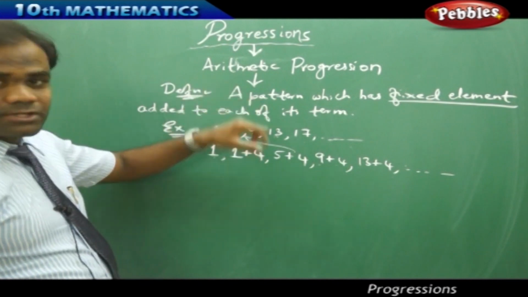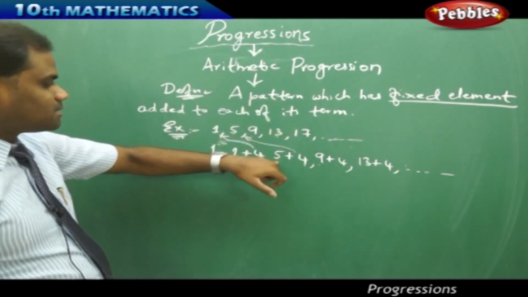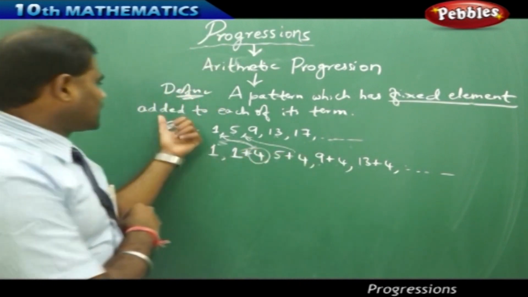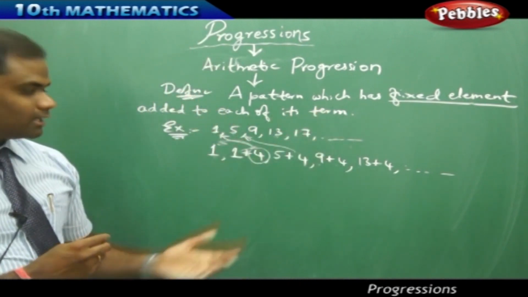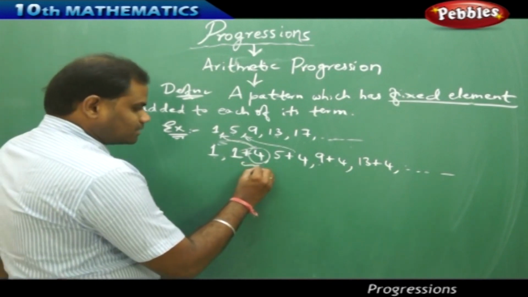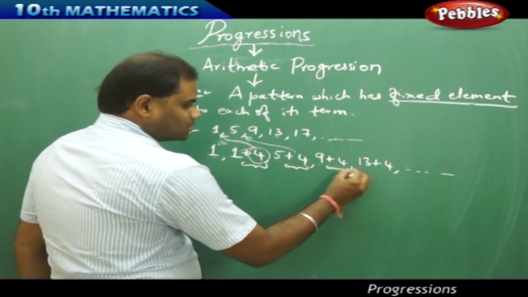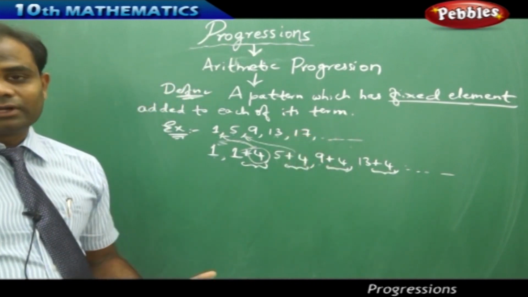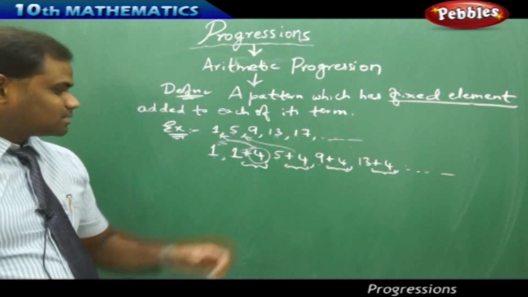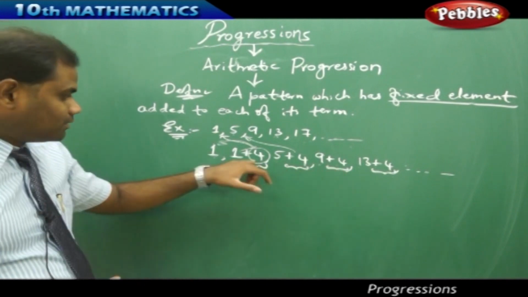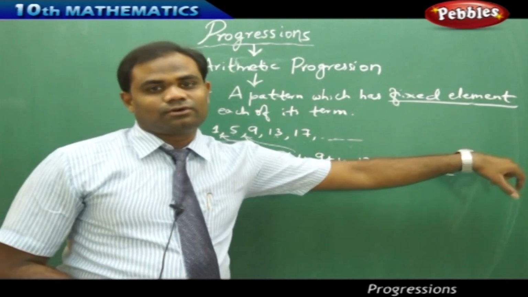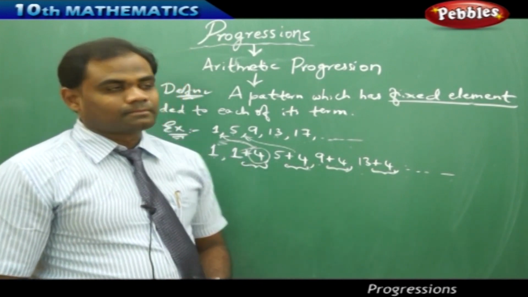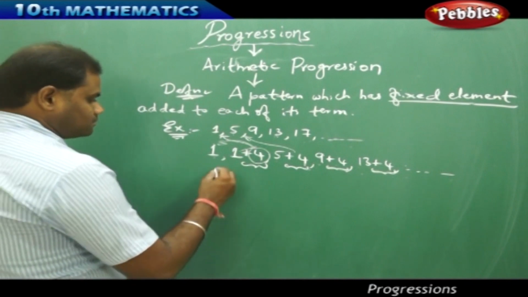Here, this strictly follows the definition that this is a pattern which has a fixed element, which is 4, added to each of its terms. Now in case of this example problem, I see that the fixed element 4 is added to each of the terms of the given progression or pattern. Therefore, this kind of sequence where a fixed element is added to each of the terms is called an arithmetic progression, as given by the definition.